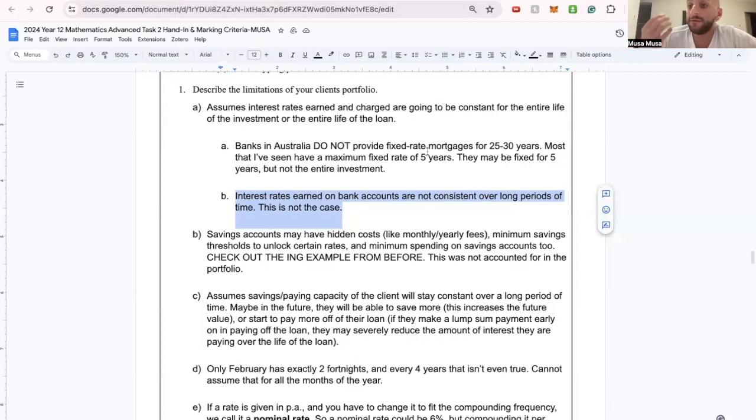We don't have fixed rate mortgages that go for 25 to 30 years, which is how long a normal mortgage goes for. Banks only will really give a fixed rate for a maximum of around 5 years. There's 2-year fixed rates, 3-year fixed rates, or around 5-year fixed rates. But they won't ever be fixed for an entire investment.